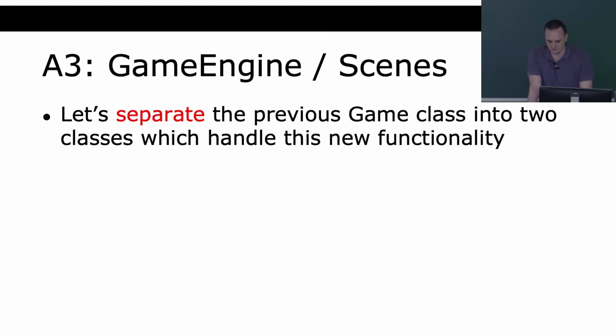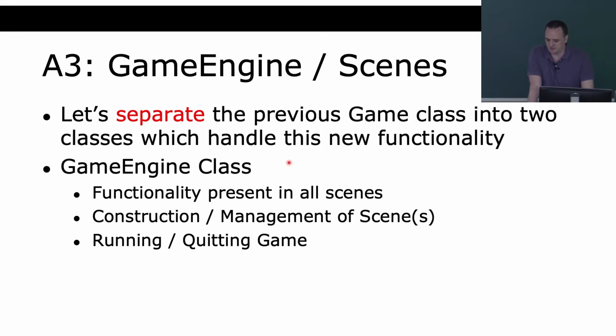The game engine class is going to have all the functionality that's present in all the scenes. It's going to construct and manage all of those scene objects. And it's going to handle the running and the quitting of the game. And also, I don't have a note here, but all of the input handling from the user. So whether the user has clicked the mouse or pressed a key on the keyboard, it's going to handle all that as well.